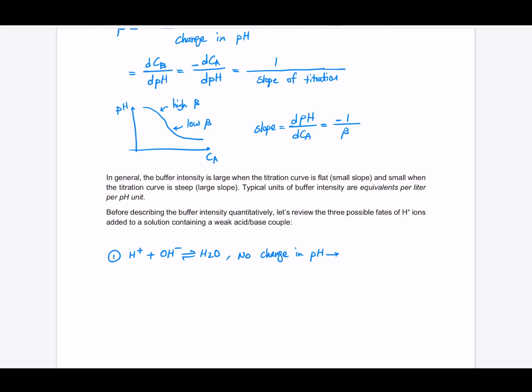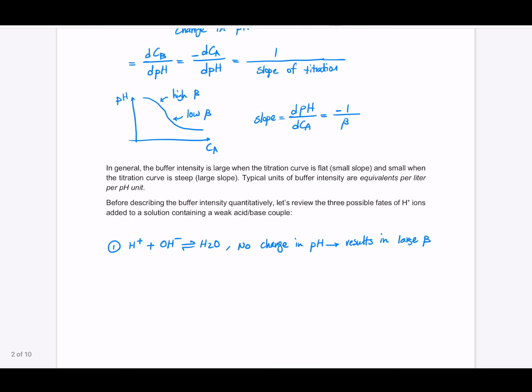So this results in a large beta. So what it means is that we always have some buffer intensity coming from the reaction of water. So some resistance, because we have hydroxide in the system, which contributes to the overall buffer intensity.